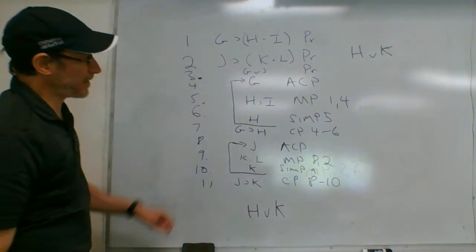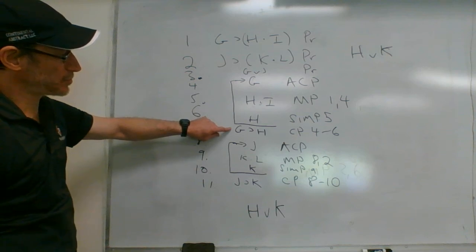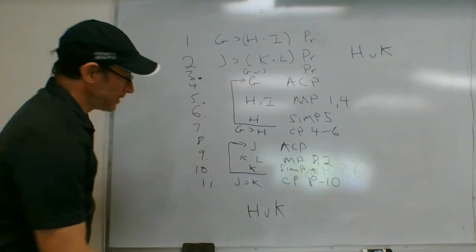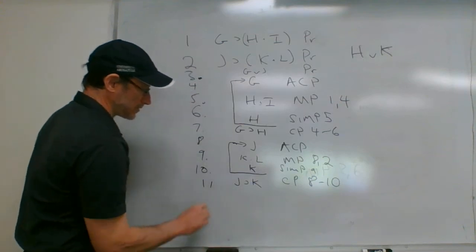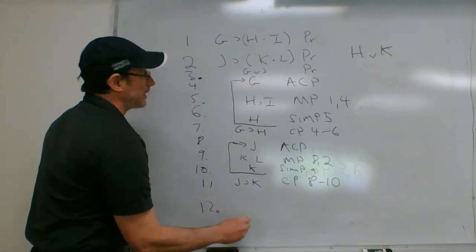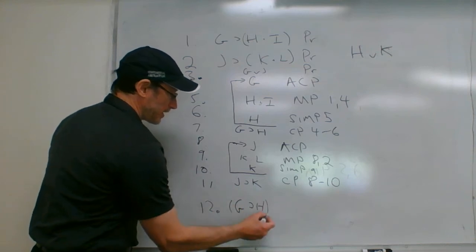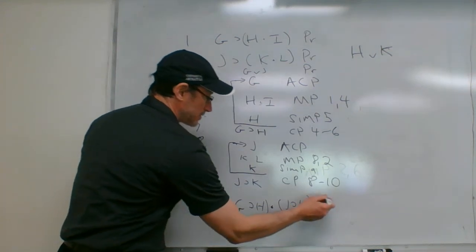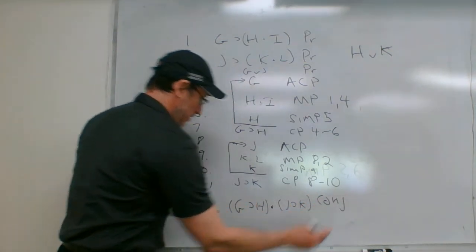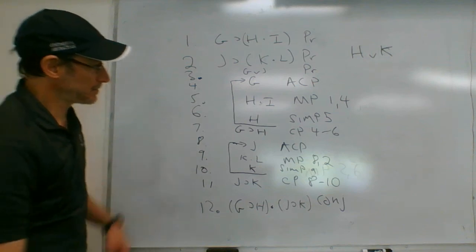And now I have G wedge J, G horseshoe H, and J horseshoe K. So technically what I should do is put those two conditionals on the same line. I have G horseshoe H and J horseshoe K. This is conjunction of 11 and 7.